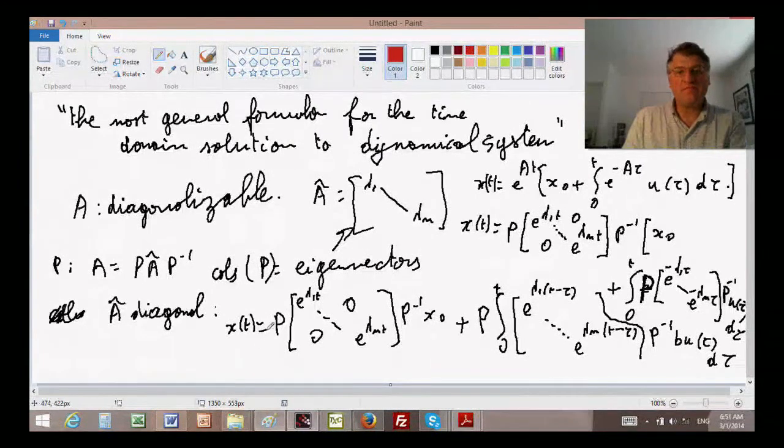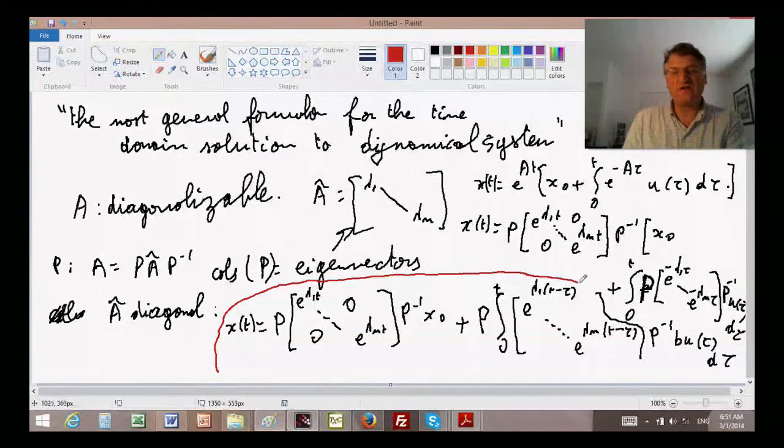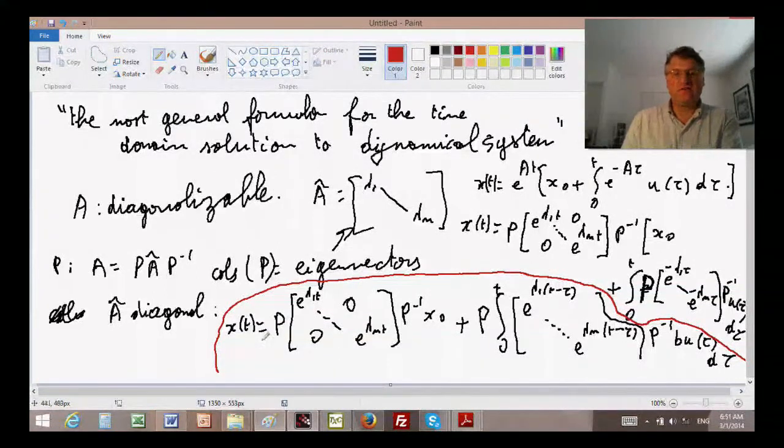So in a way, that is the most general expression you can get to write the expression of x of t and therefore y of t, which is just C times x of t, if the matrix is diagonalizable.